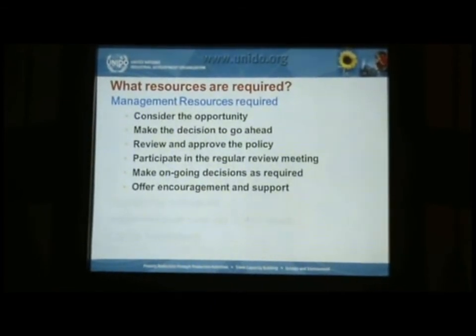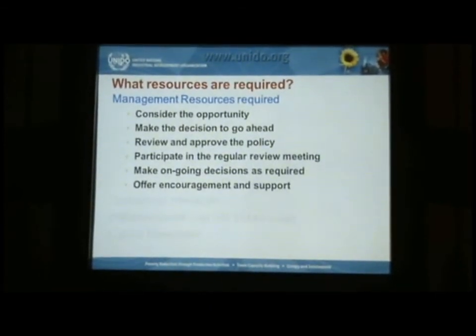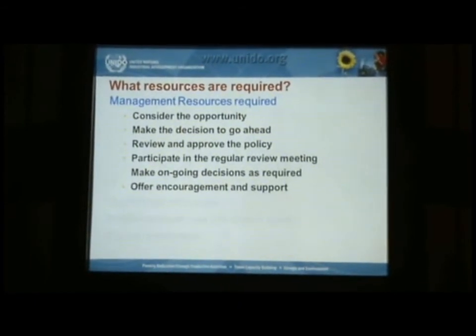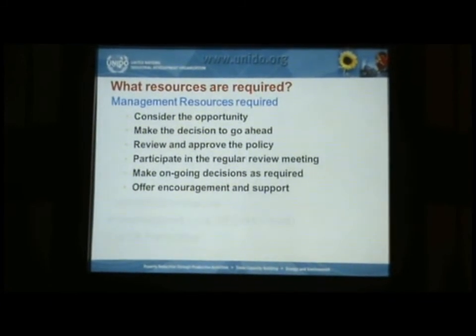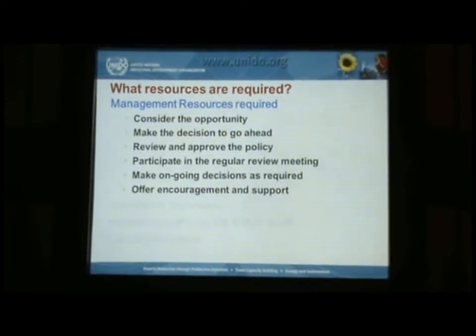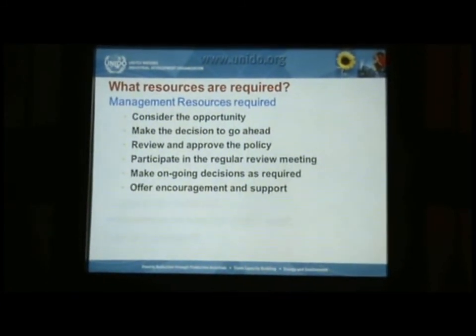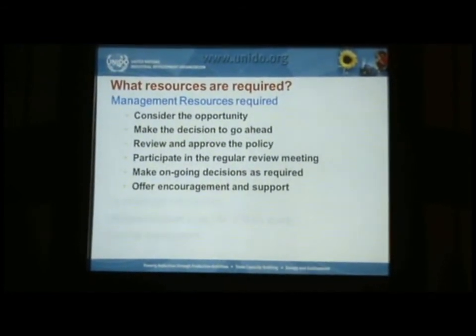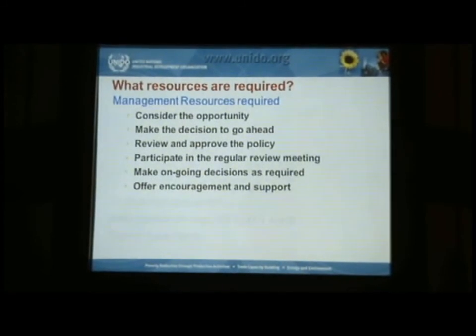One is to actually make the commitment and go ahead. Policy, which is just a piece of paper, then to participate in a regular review meeting, make decisions as required, offer encouragement and support. So as far as the management is concerned, this is actually a very simple task for them to embark on.